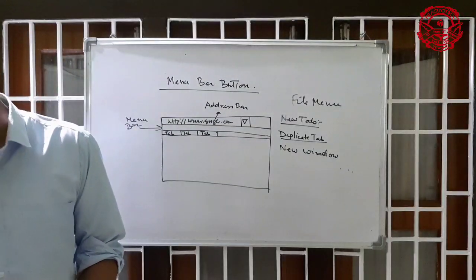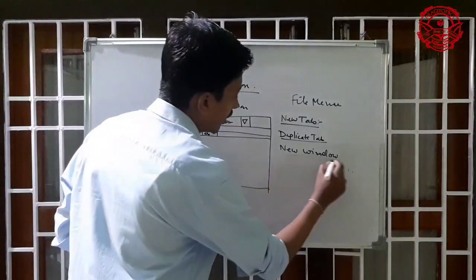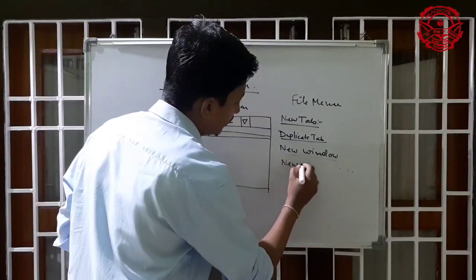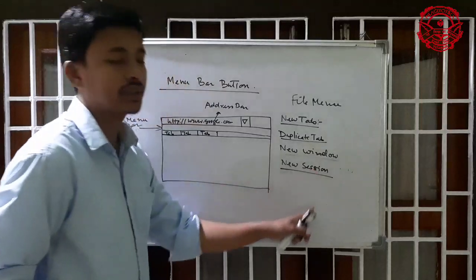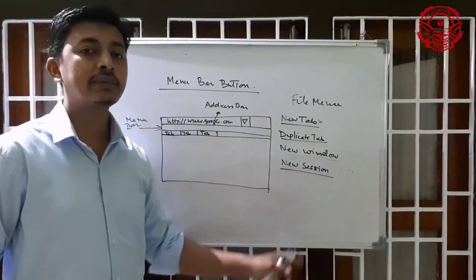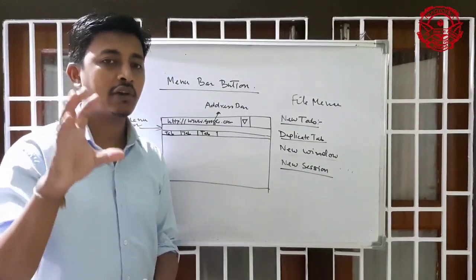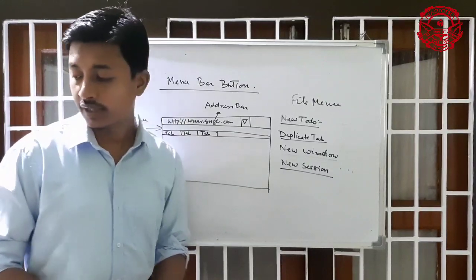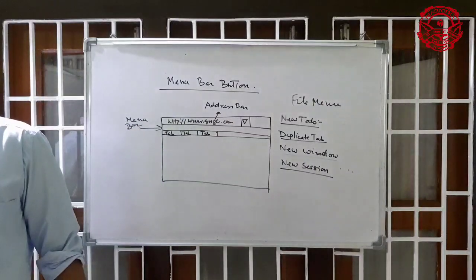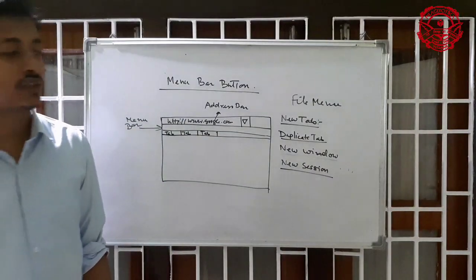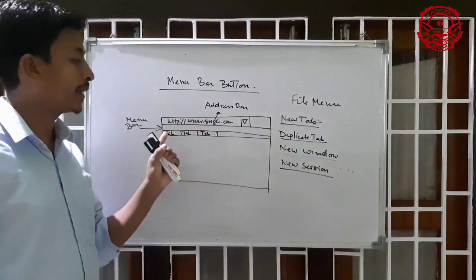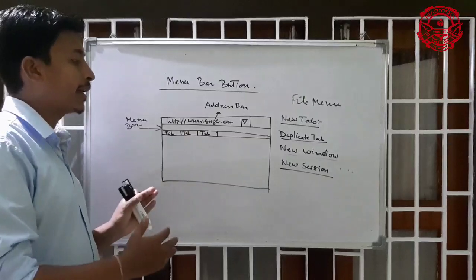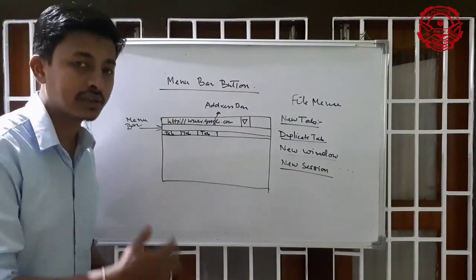Next is new session. Session means what? An estimated time, a particular amount of time. So new session means it starts a new browsing session. When you open the browser, say Internet Explorer, at that time the Internet Explorer session will start.